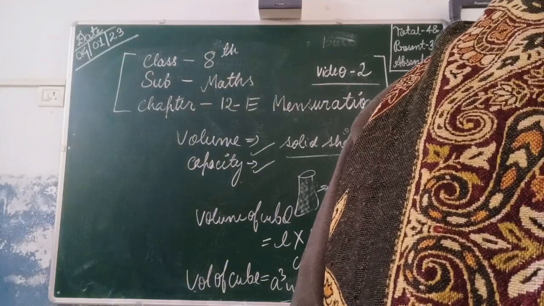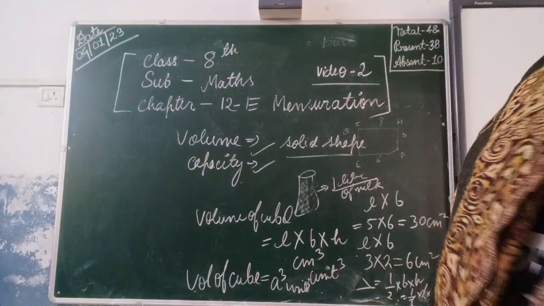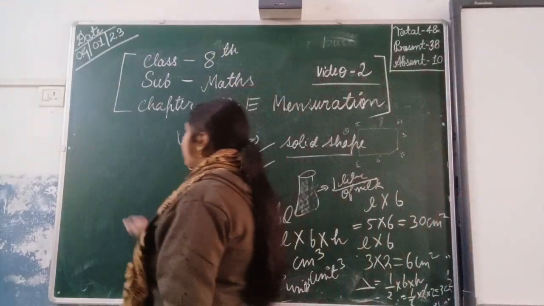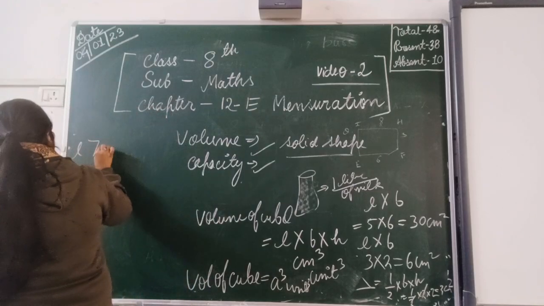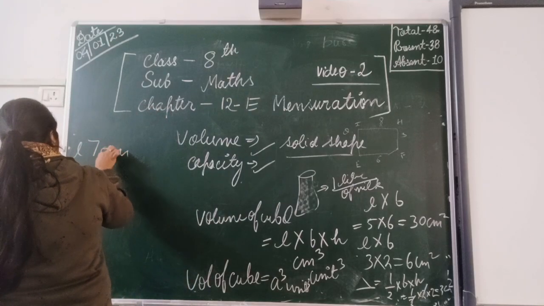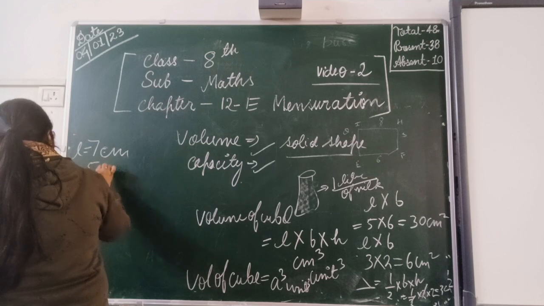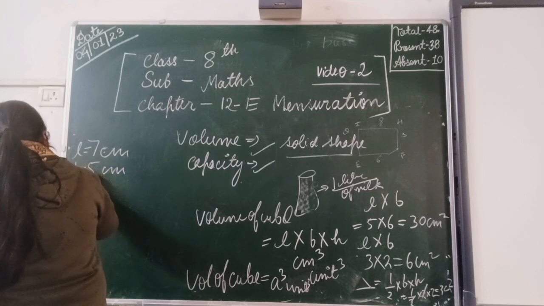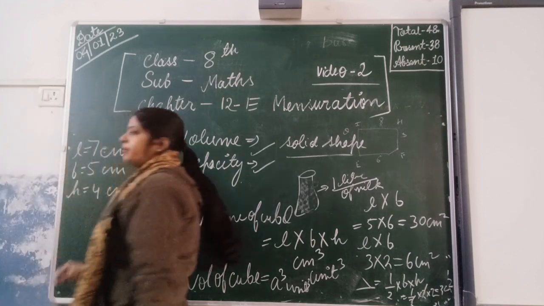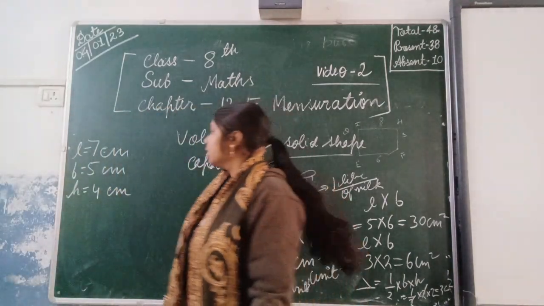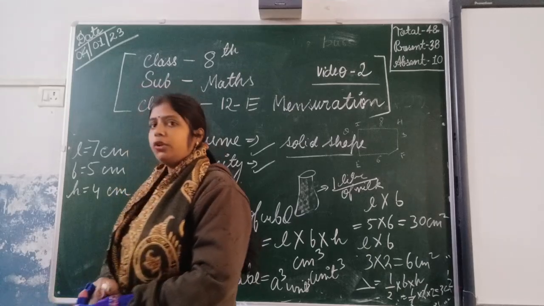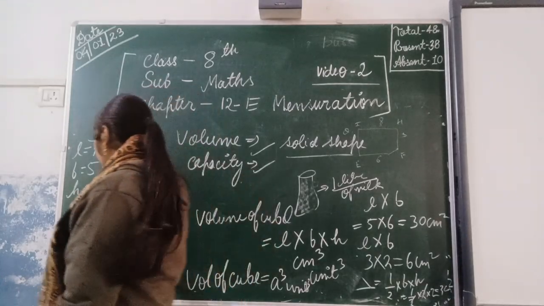How many liters of water can it hold? The measurements are 7, 5 and 4. Deep means the depth is given, that is height is given. So length, breadth and height are given for the cuboidal shape.